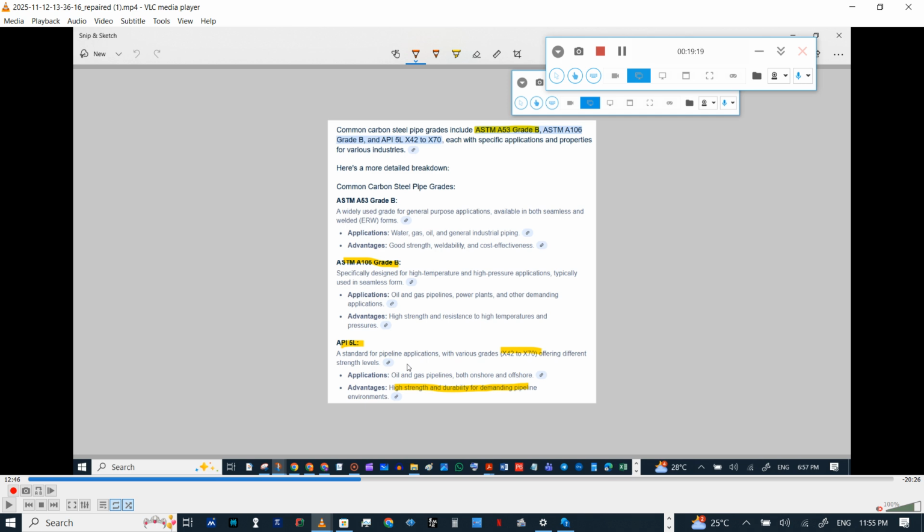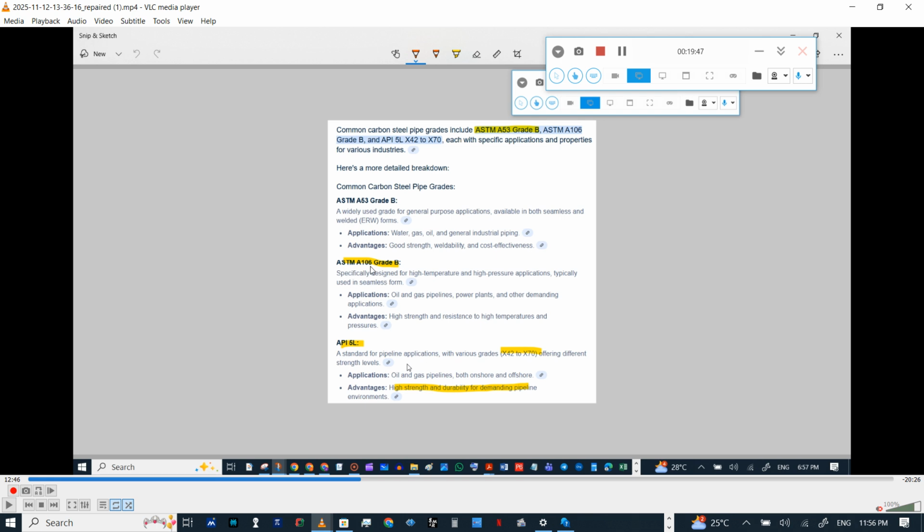So the other common carbon steel grades are ASTM A53 Gr B, ASTM A106 Gr B, and API 5L X42 to X70. A53 grade is for general purpose applications in both seamless and welded forms, ERW forms, for gas, water, oil, etc. It has good strength, weldability and cost effectiveness.